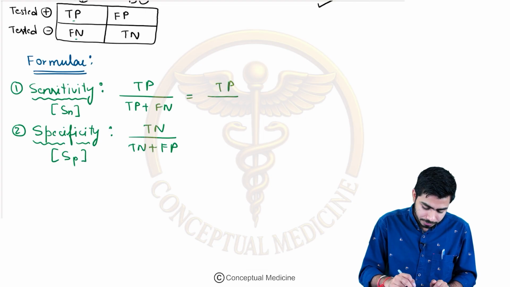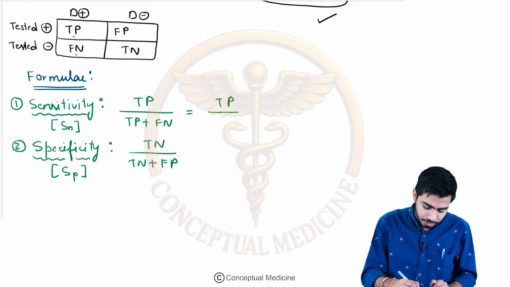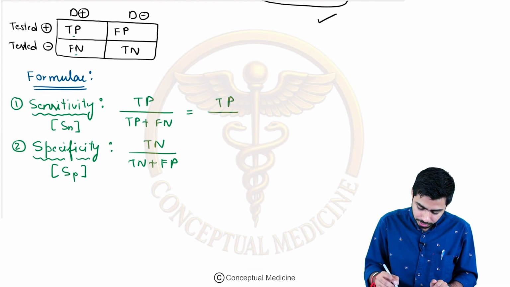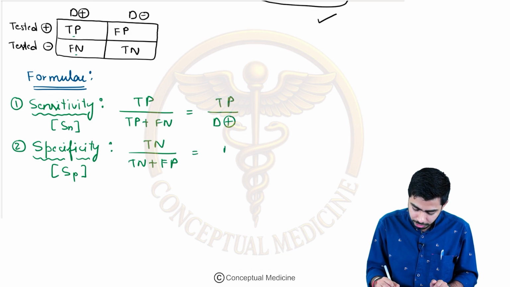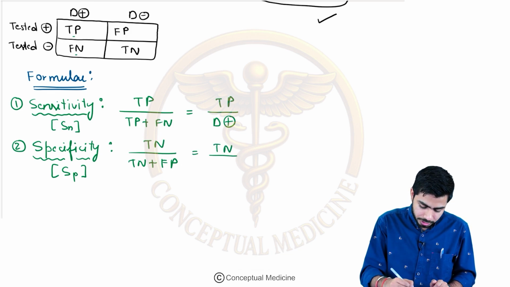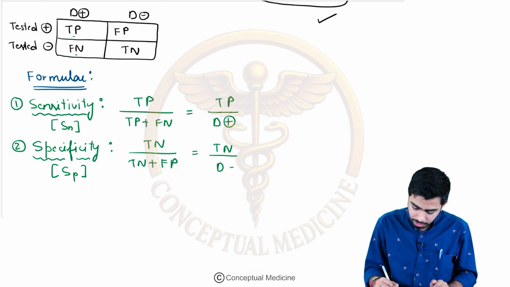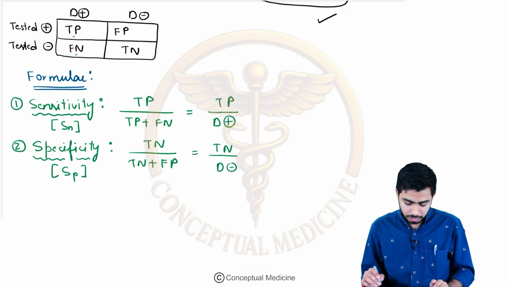If I combine these, it means these persons were disease positive. So I can write true positive divided by disease positive. And here also I can write true negative divided by false positive plus true negative, which is disease negative. So I can write it as disease negative, isn't it?